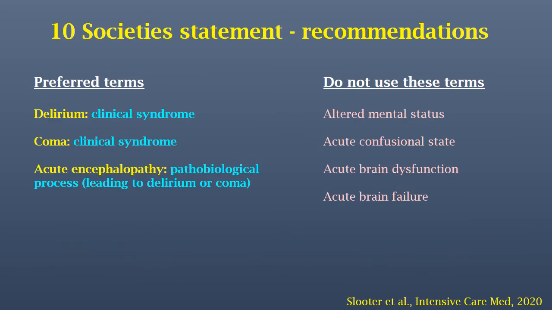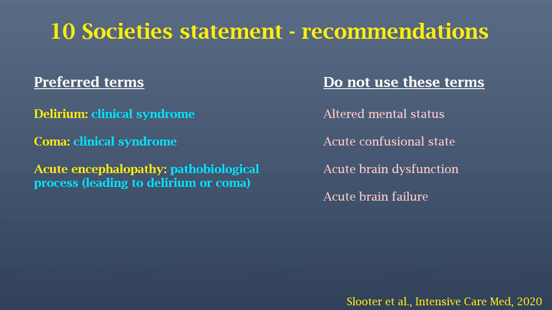To address this problem in the field, a group of scientists and clinicians came together to agree on what would be the preferred definitions and preferred terms in the field. And these are shown in this slide here. So the term delirium refers to the clinical syndrome, as does coma, although coma is obviously where the level of arousal is very low compared with delirium.